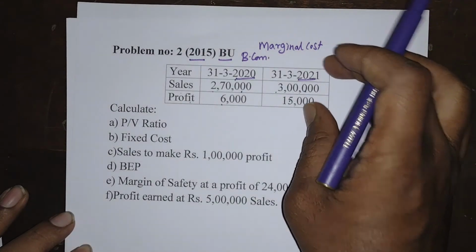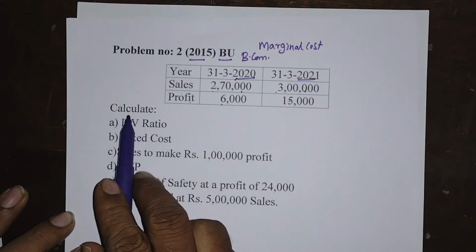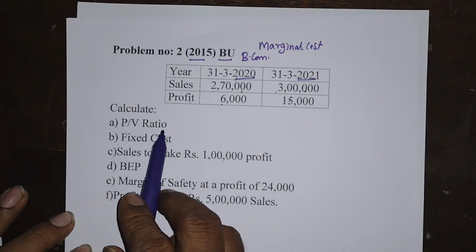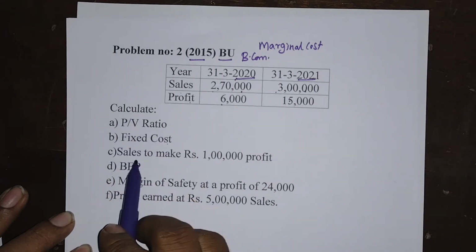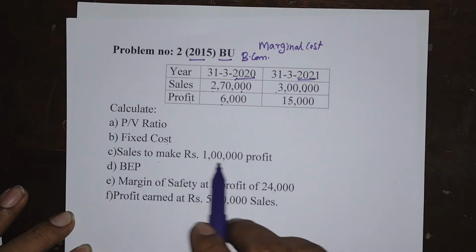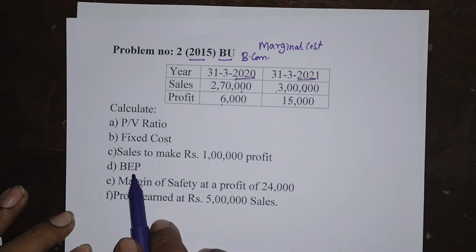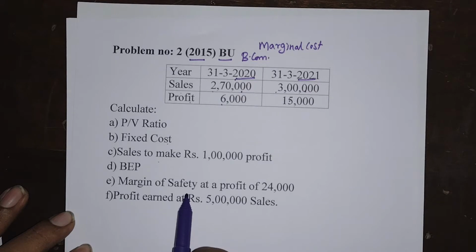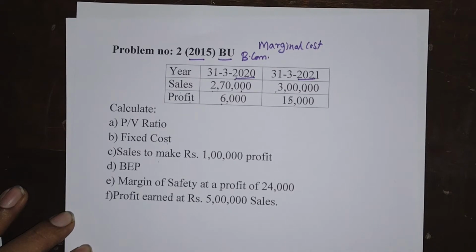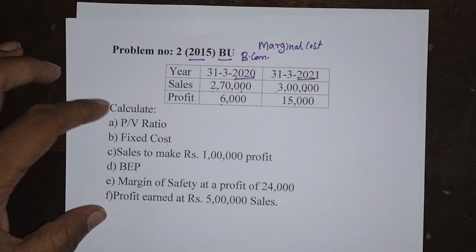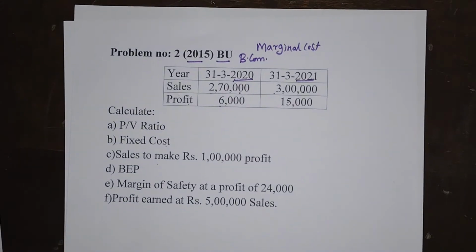Only with this given information, they are asking us to calculate PV ratio, fixed cost, sales to make rupees 1 lakh profit, BEP, margin of safety at a profit of 24,000, and profit earned at rupees 5 lakh sales.